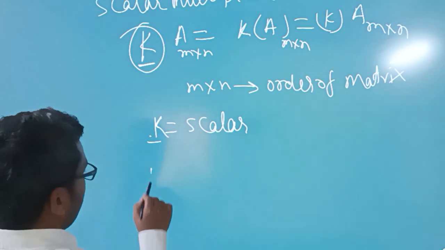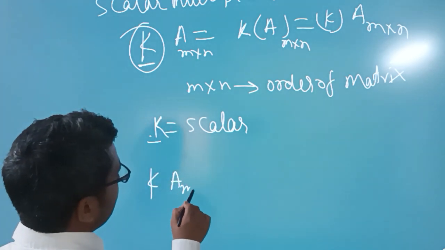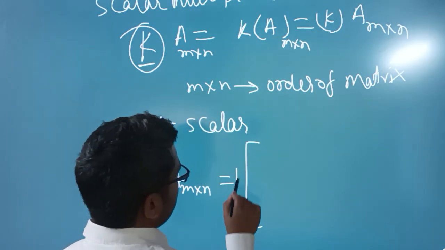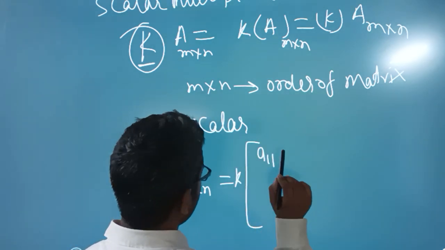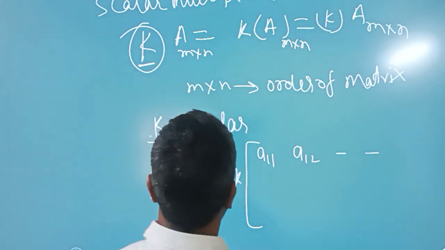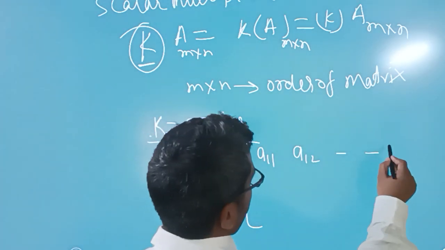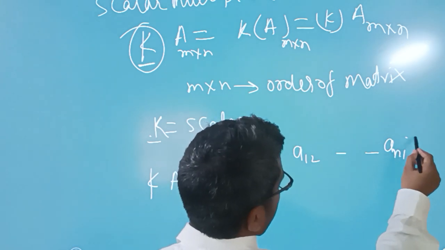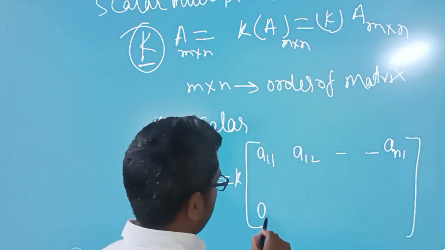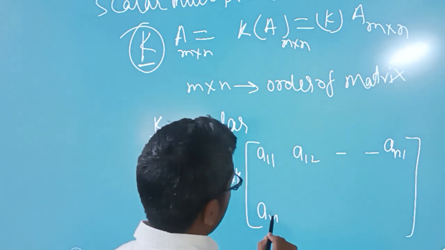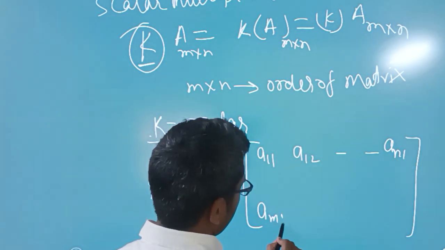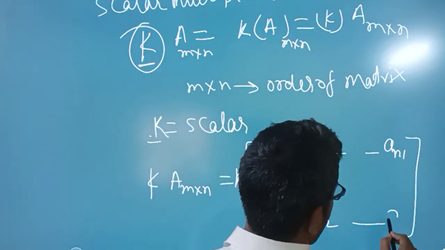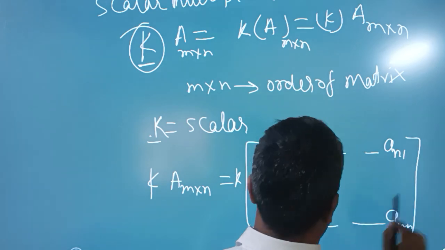We write kA of order m cross n. Any matrix may be in the form of A11, A12, up to Amn.